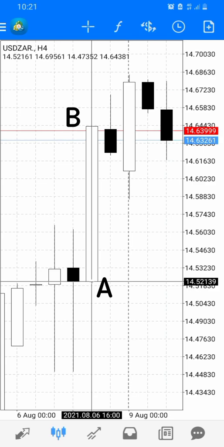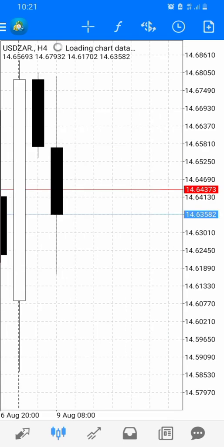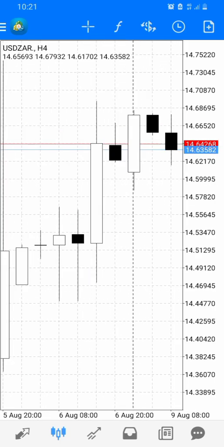When you're buying, you are telling the USD that you will gain power, it means that you are buying the USD ZAR with USD.